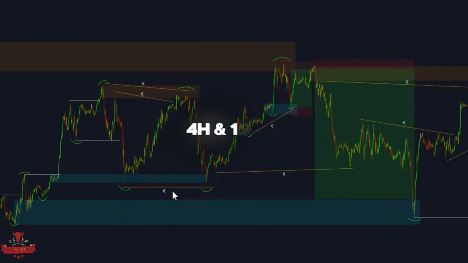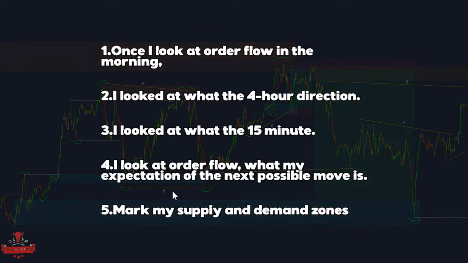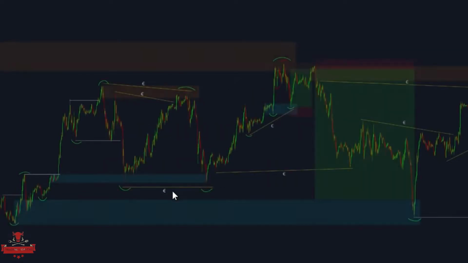Using the 4-hour and the 15-minute, I find, is best to understand price action, and areas of supply and demand and POI are respected in these premium and discount areas. They're my golden time frame. Once I've looked at order flow in the morning, and at what the 4-hour direction and the 15-minute are telling me, and formed my expectation of the next possible move, I mark my supply and demand zones for the day. 4-hour POI work very well.